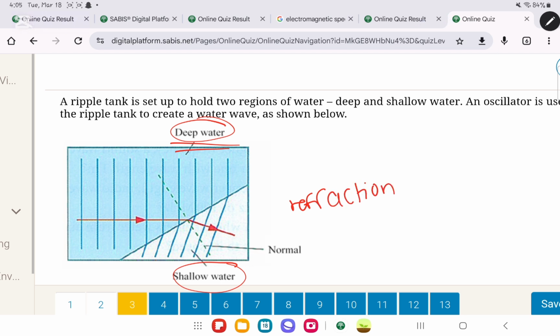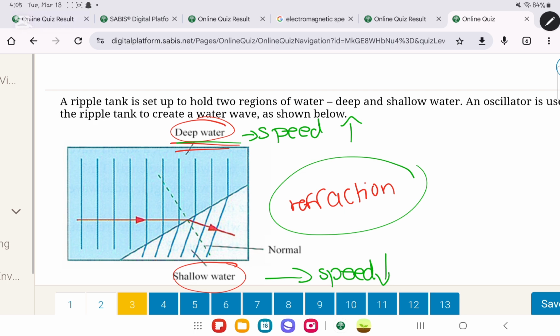And what happens during refraction is that the speed of the waves will decrease. So in deep water the speed is higher, in shallow water the speed is gonna decrease. And because the speed decreases, you will see something which is refraction.